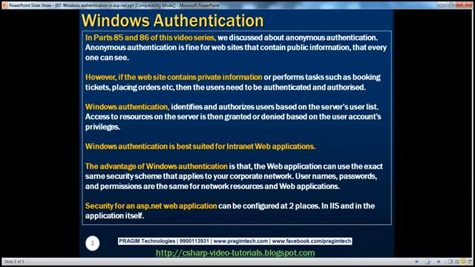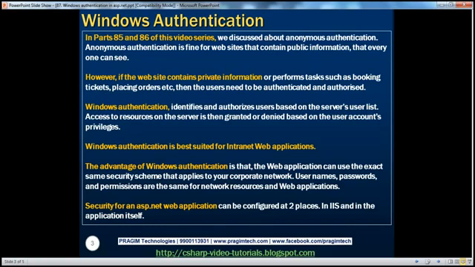The advantage of using Windows authentication is that the web application can use the exact same security scheme that applies to that corporate network. Usernames, passwords, and permissions are the same for network resources and web applications.